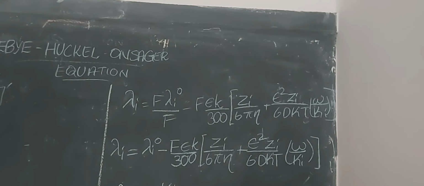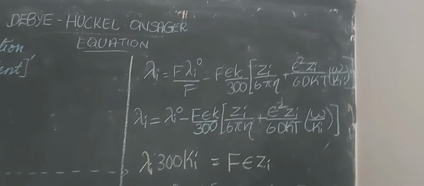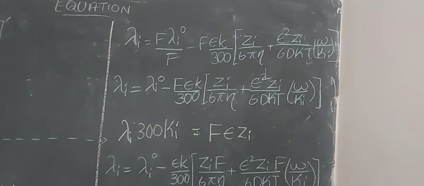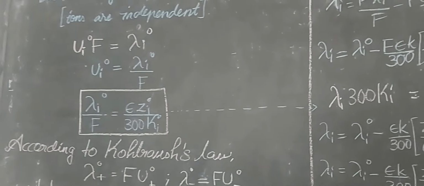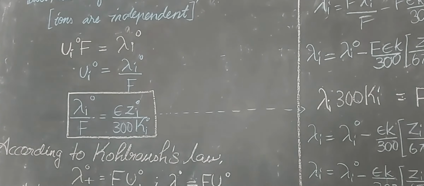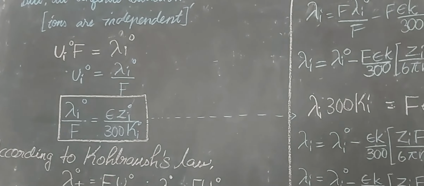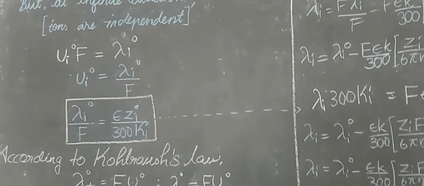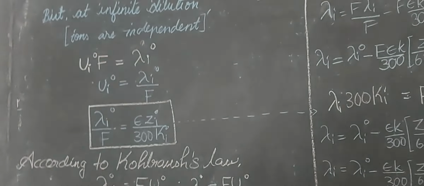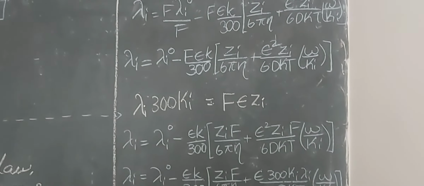In the first term, the f and f will get cancelled, and in the next step we found that lambda_i naught divided by f equals epsilon z_i naught divided by 300 kappa_i. I want lambda_i, 300 kappa_i. I am doing the rearrangement so that this term will be converted as this term.